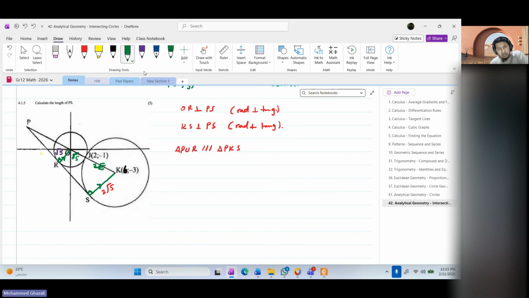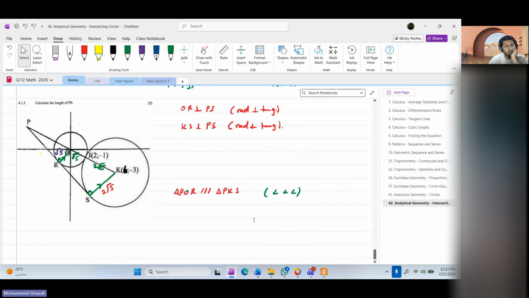Right, so they are similar because of angle, angle, angle. We should have just written down the thing. Yeah, it's fine. Write down the three reasons. One is angle R1 is equal to angle S1, because, why is angle R1 equal to S1?